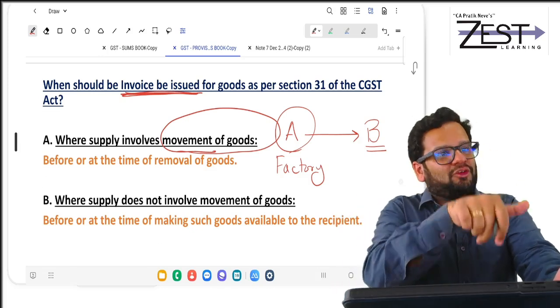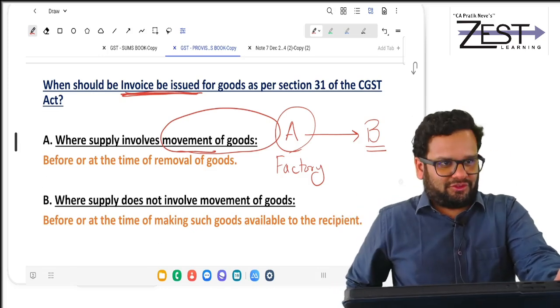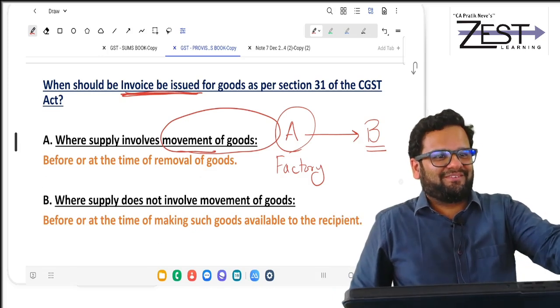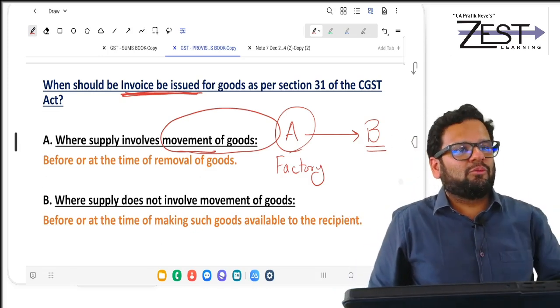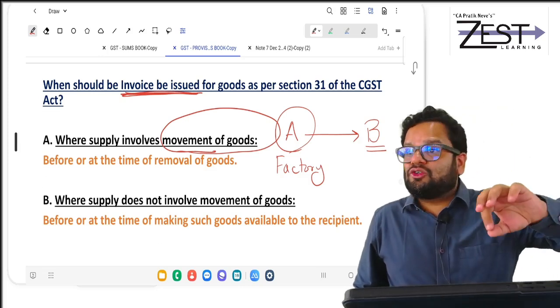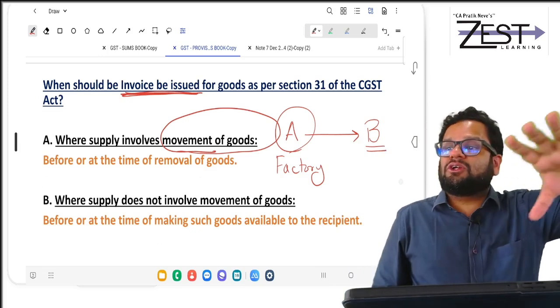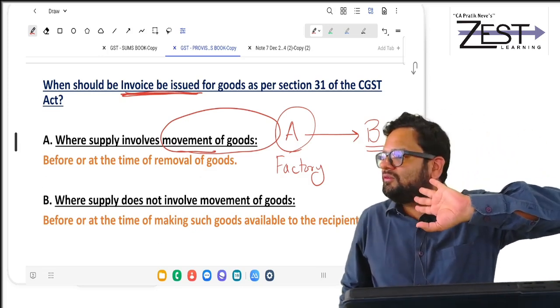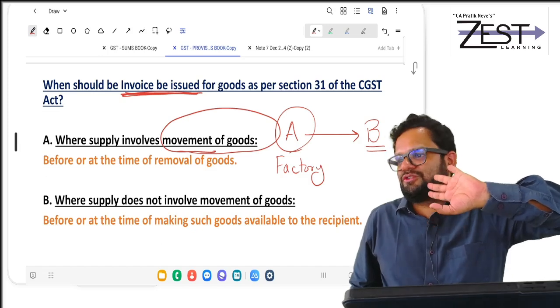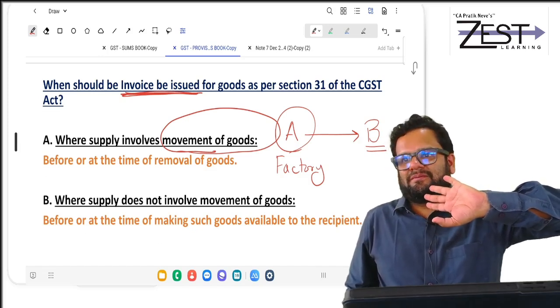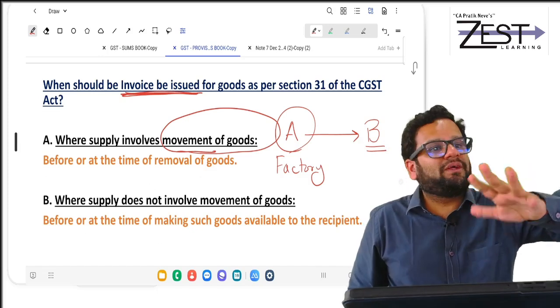Or you are sitting here, you ordered goods via Amazon. Supply involves movement of goods. So actually 90% of supply, or rather 95% of supply, is going to involve movement of goods. Who causes movement is immaterial.